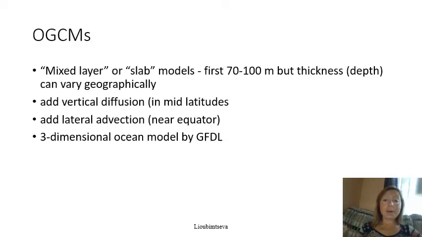And then the second component of the AOGCMs are the ocean general circulation models, and they're really coupled together as one system. So you are already familiar with the thermohaline circulation, which is pumping water all the way around the globe due to the Coriolis effect and due to the gradients of temperature and salinity.